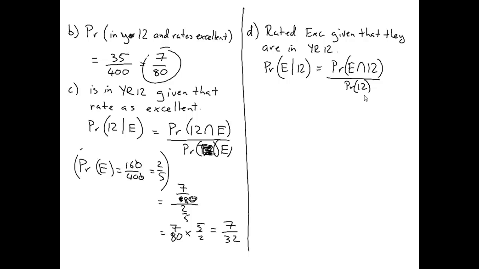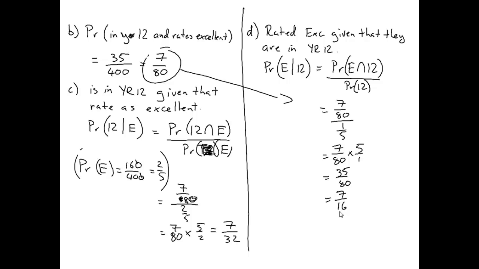We've done that one already. Top line becomes 7 over 80, bottom line becomes 1 over 5. They're two answers from previous sections. 7 over 80 times 5 over 1 gives me 35 over 80, which gives me 7 over 16.